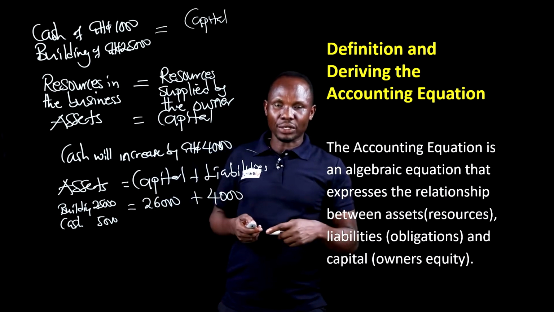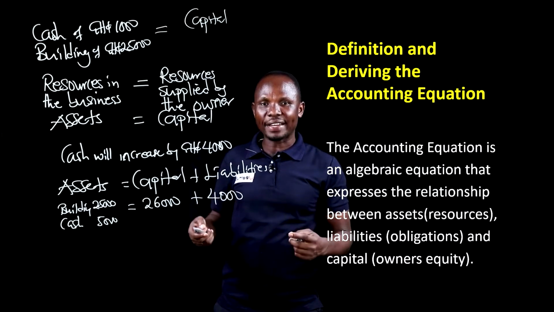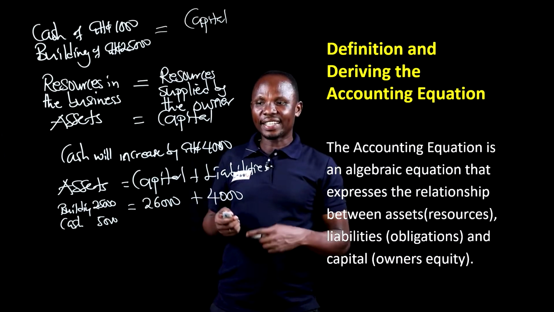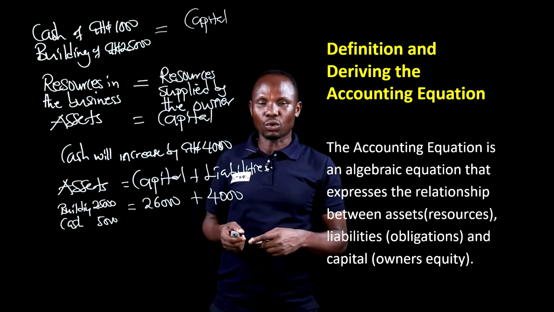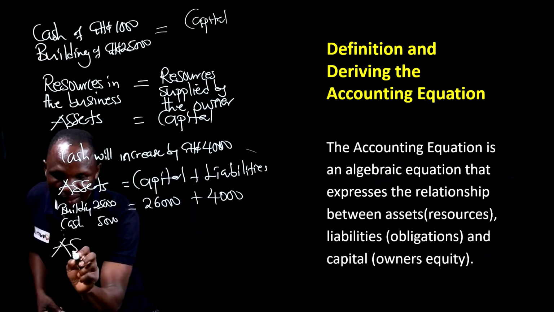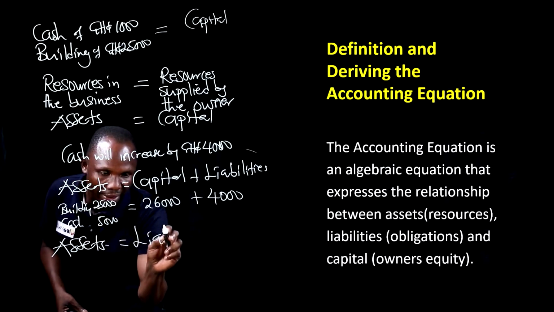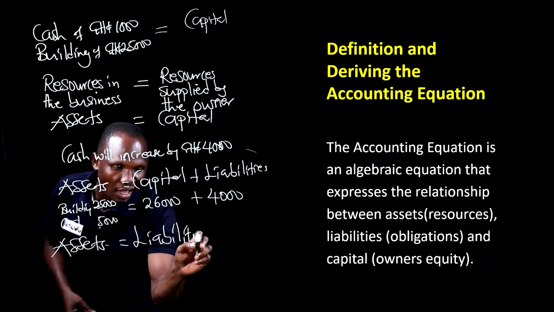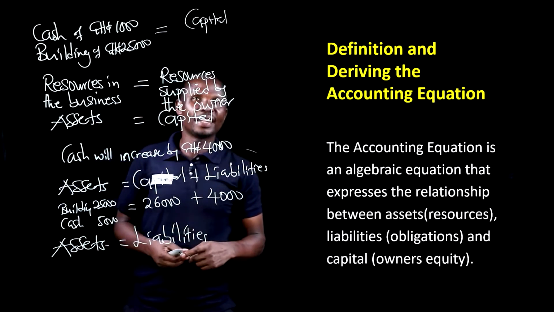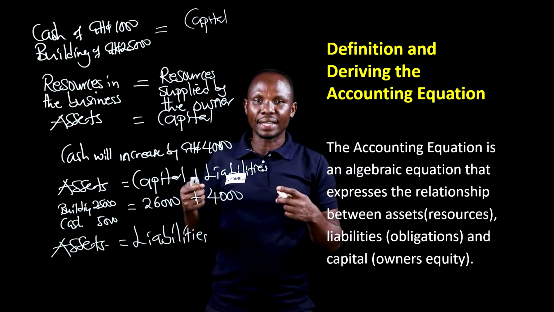If all the resources in the organization are also provided by third parties, in that case, the accounting equation becomes assets is equal to liabilities. In that case, the owner did not provide anything.